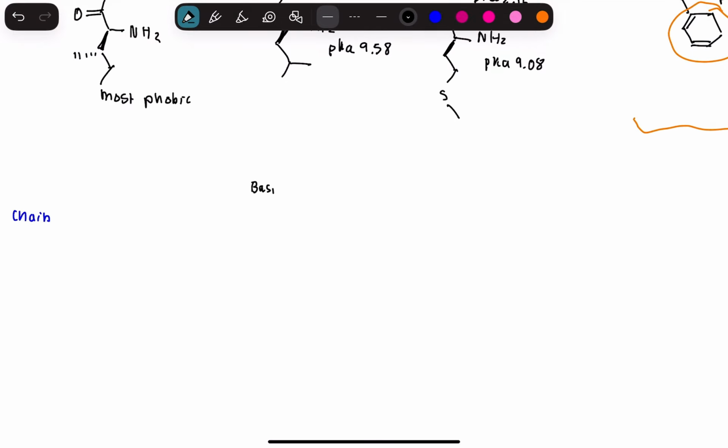Now let's talk about the basic amino acids, which are the positively charged amino acids. For this, we have lysine, arginine, and we also have histidine.